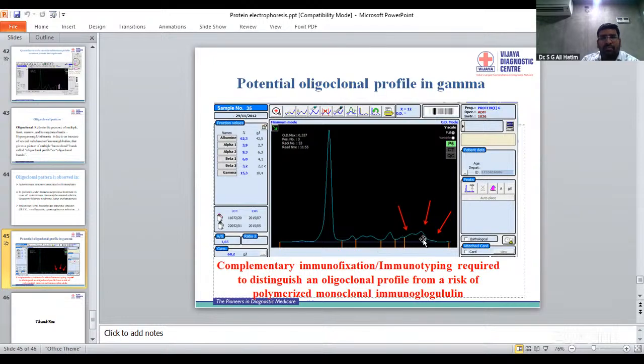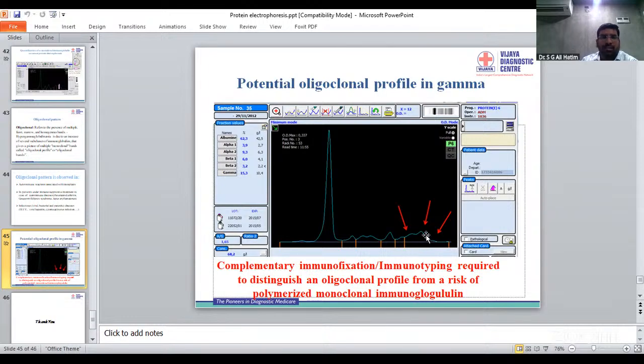If we run a plasma sample instead of a serum sample, because of fibrinogen we get an extra peak in the beta 2 region. Sometimes we get an extra peak in the gamma region because of CRP also. If the patient has high levels of CRP, the value should be more than 200 mg per liter, and only then will those additional fractions be seen in the gamma region.